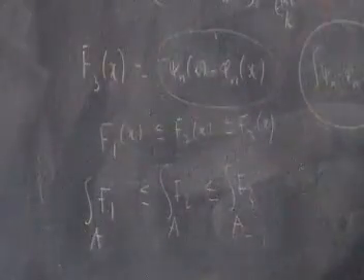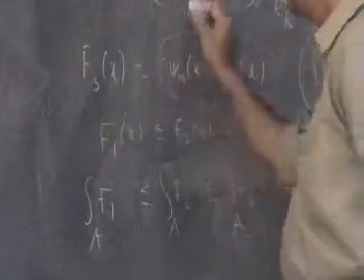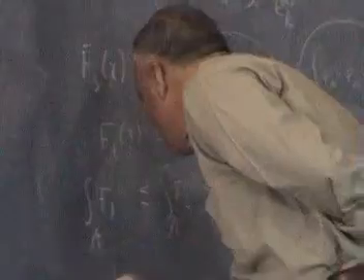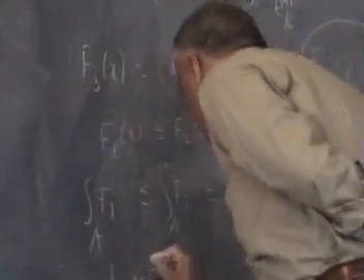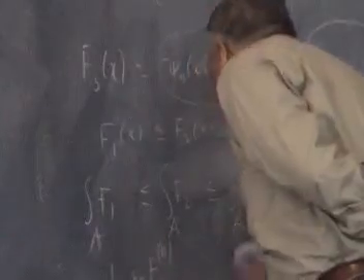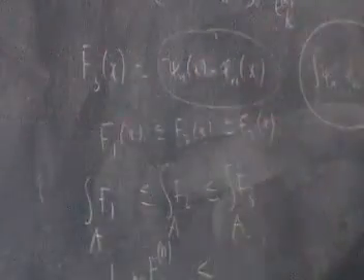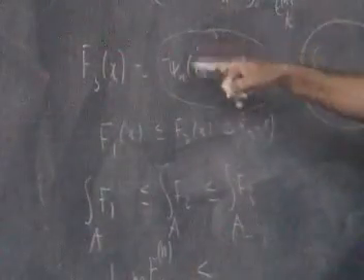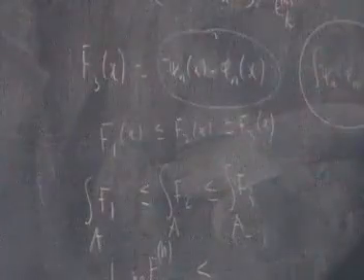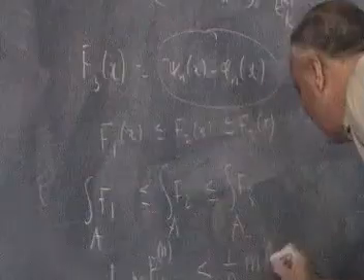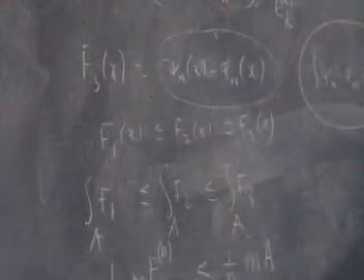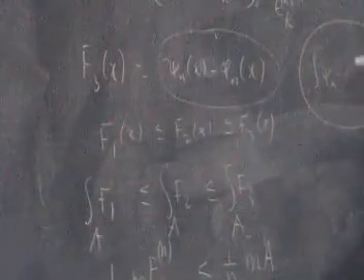But what is the integral of f1? It is just 1 over k times the measure of EKN. I will straight away do the last part. The integral of this will be less than or equal to 1 by n times the measure of, because you could have taken one more function, 1 by n times a characteristic function.